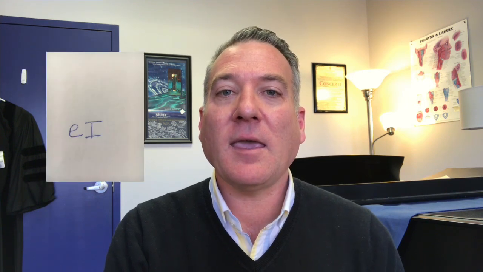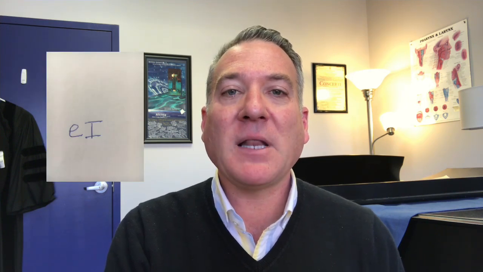The next one would be ow, like in the word house. Two different vowel sounds. The next one is going to be a, like in the word plate.